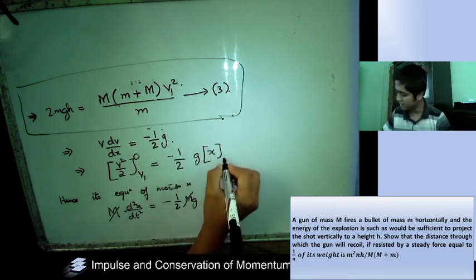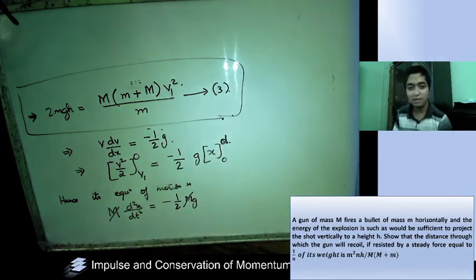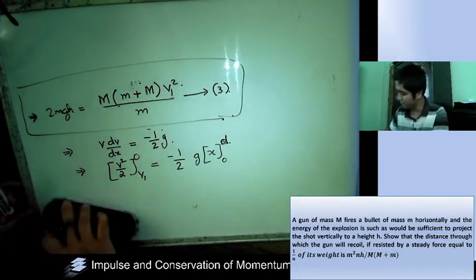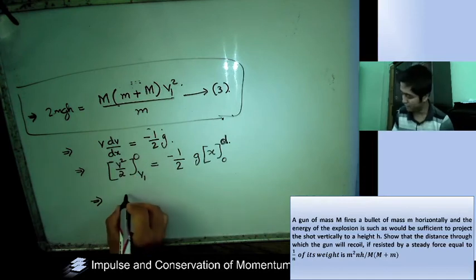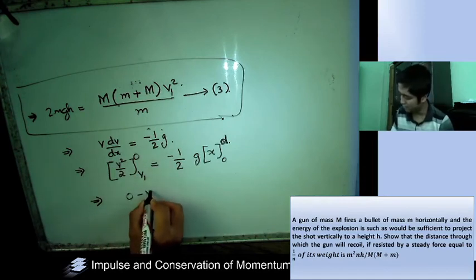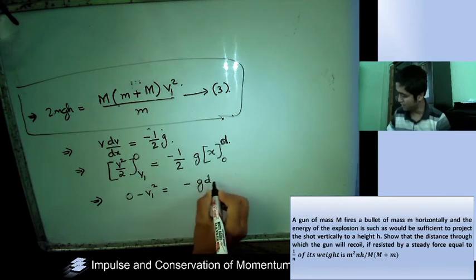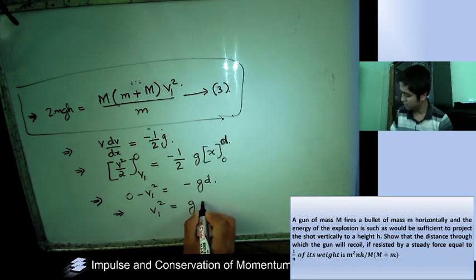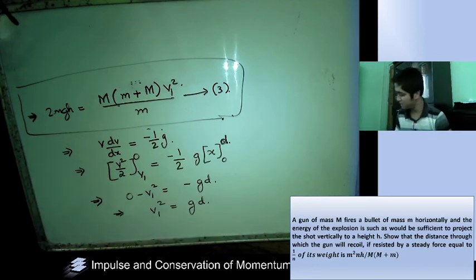It travels a distance x. Okay, maybe let us call it d. Let d be the distance traveled by the gun. So you will be having 0 minus v1 square equals minus gd. So v1 square will be equal to gd.